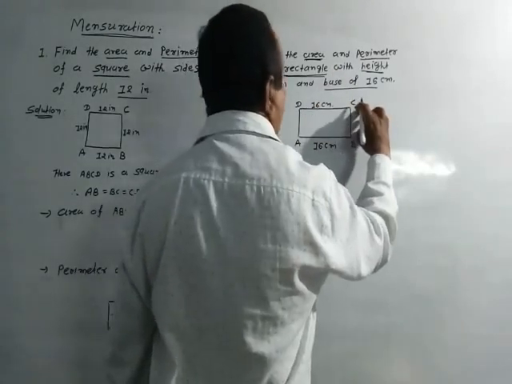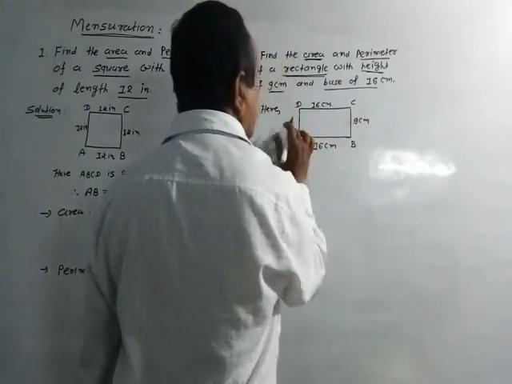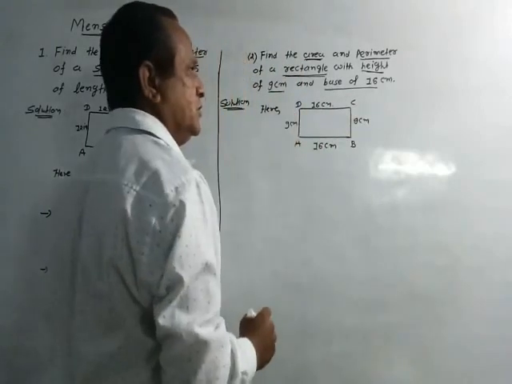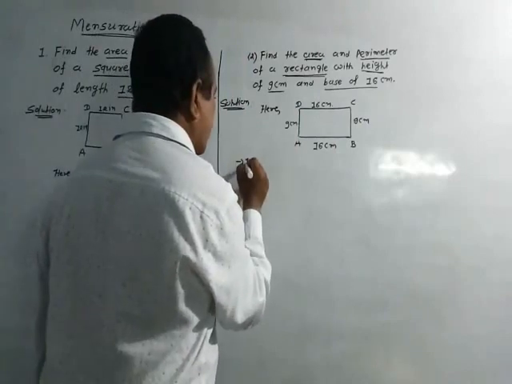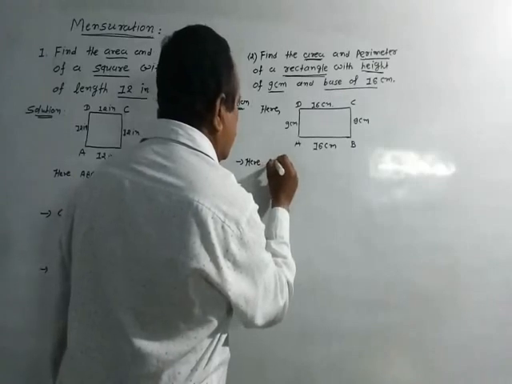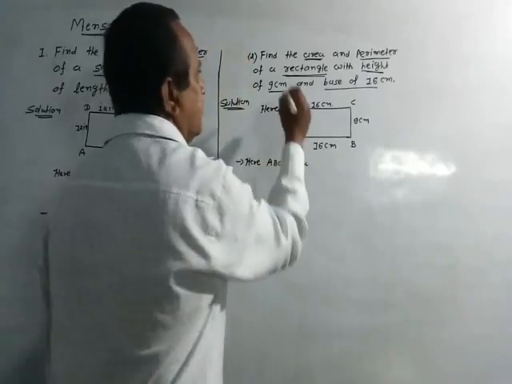The height BC is 9 cm. Similarly, the opposite side is 9 cm. Now here ABCD is a rectangle.